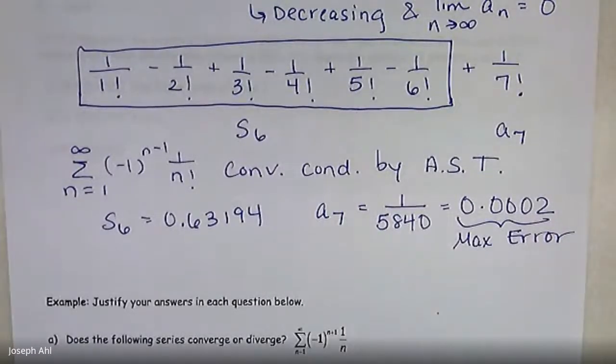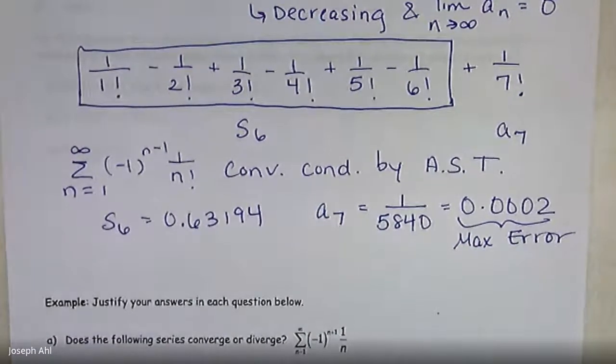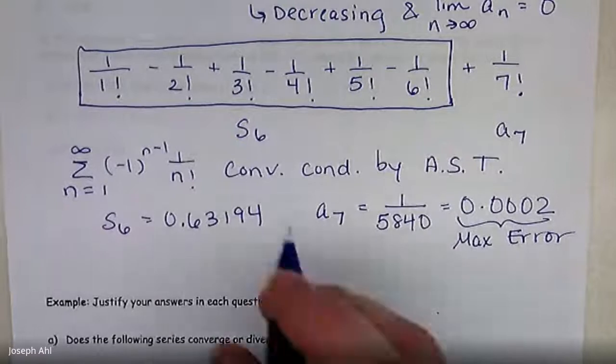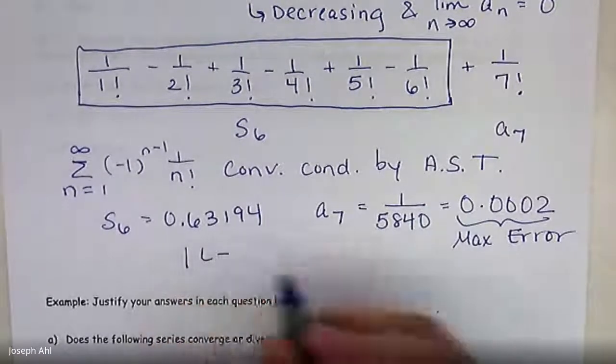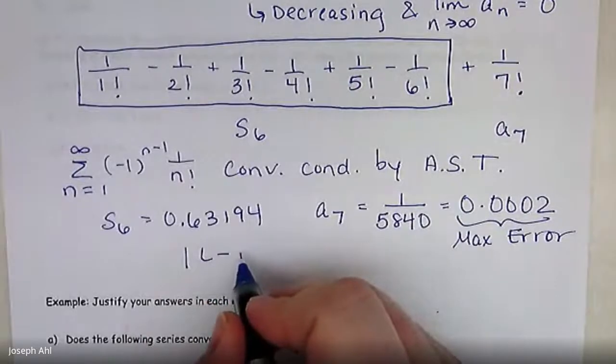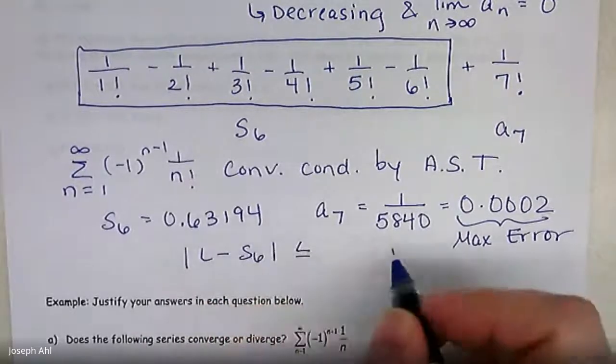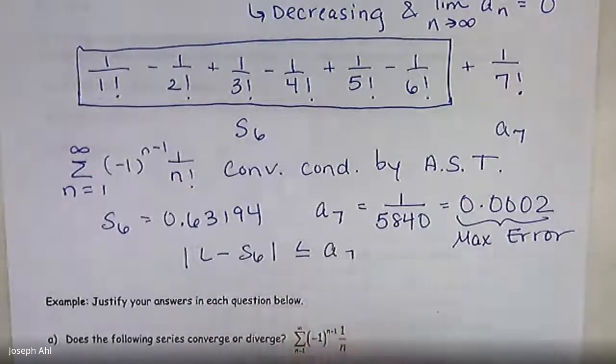So if we're going to find bounds within which the limit is actually approaching, according to what we wrote, the limit L minus, in this case, S sub 6 has to be less than or equal to that 7th term.